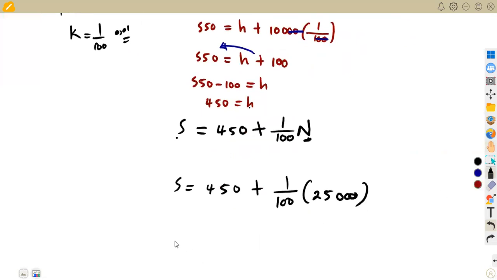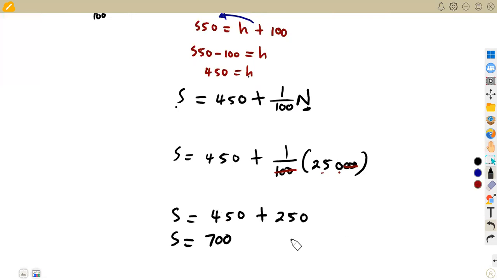This is paper 2, guys. Use your calculators when you are dealing with paper 2. So here it was going to be 250 if you multiply properly, but you can just use your calculator. So the salary at the end is going to be 700. If you add this part, we are going to obtain 700.